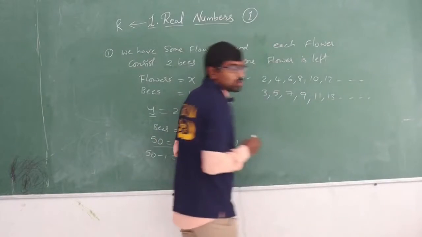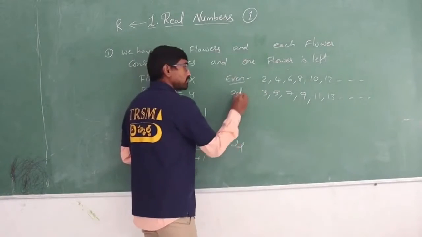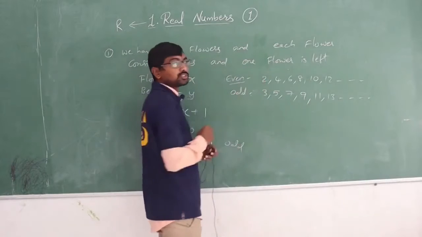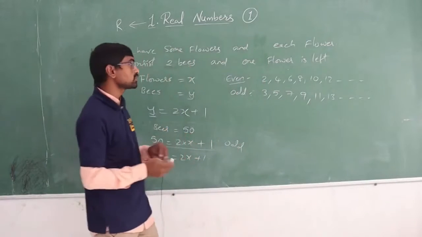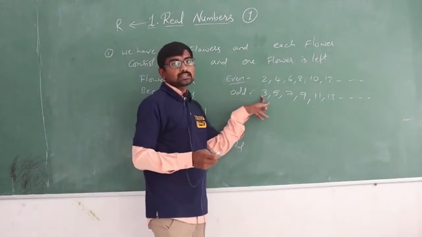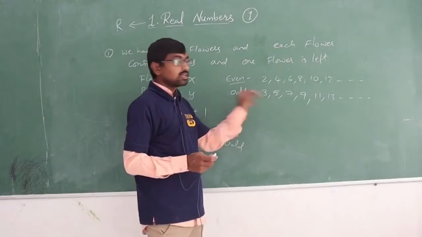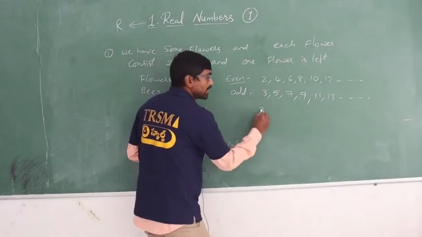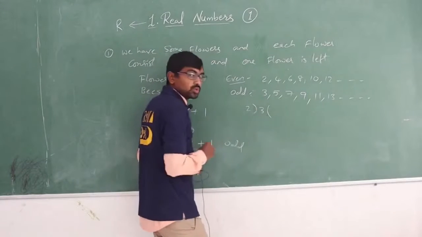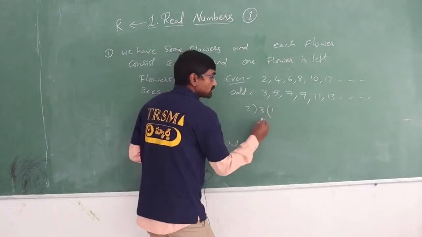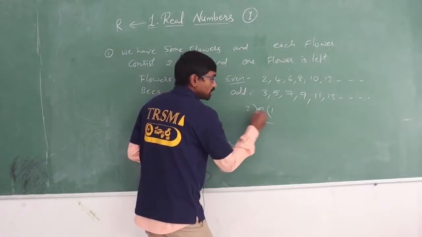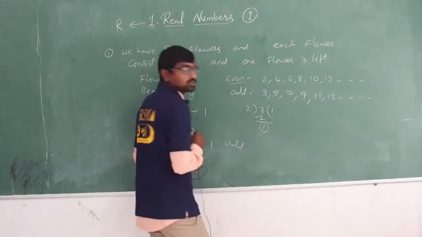These numbers are called odd numbers. The numbers which are exactly divisible by 2 are called even numbers, and the numbers which are not exactly divisible by 2 are called odd numbers. If I divide 3 by 2, 2 ones are 2, and subtracting, I get remainder 1.